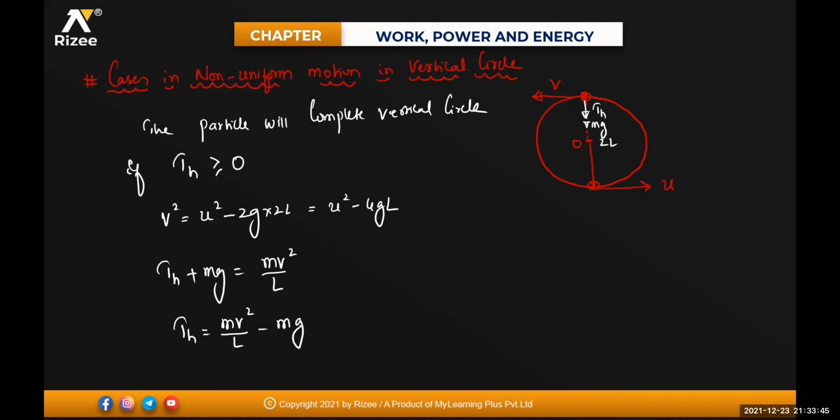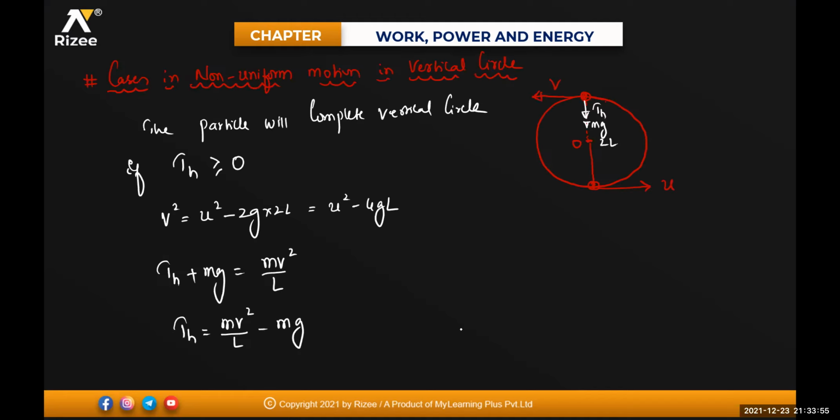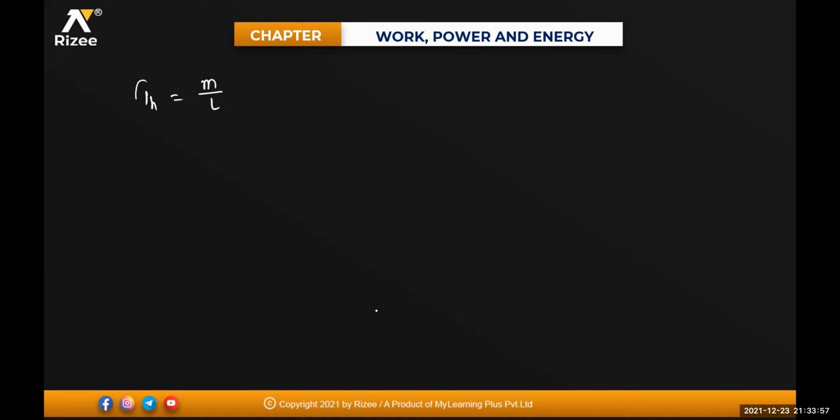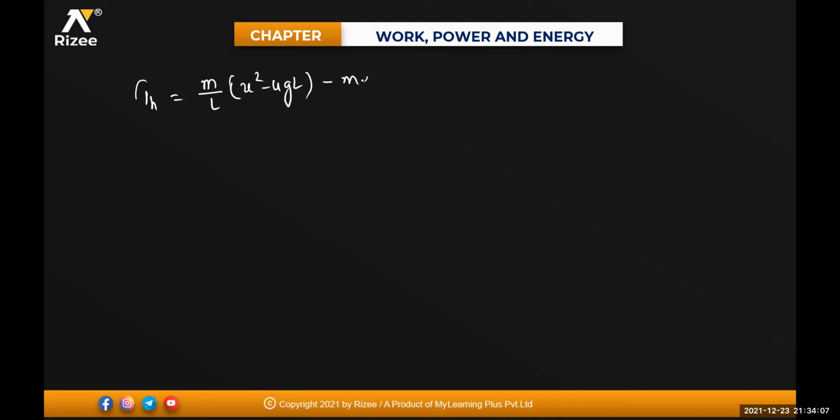We already got the value of v square, so if I substitute that value, beta, what will I get? Tension at the highest position equals m by L into v square value, which is u square minus 4gL, minus m into g.